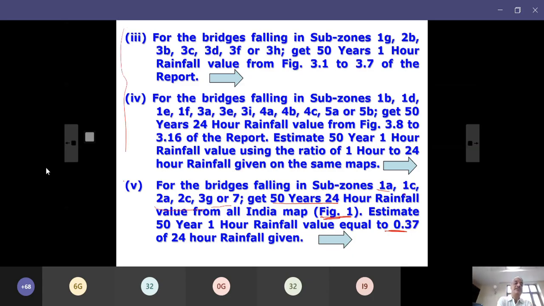So by either of these methods, what you have got is R51, and what we are interested in is R50 TC, right?